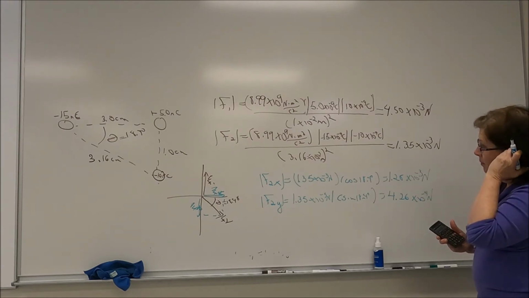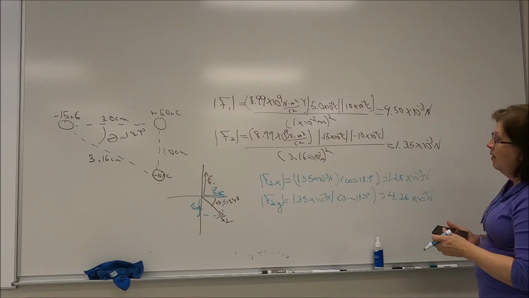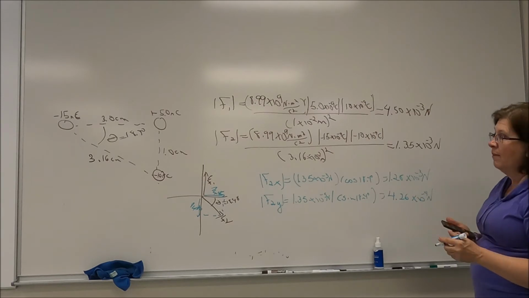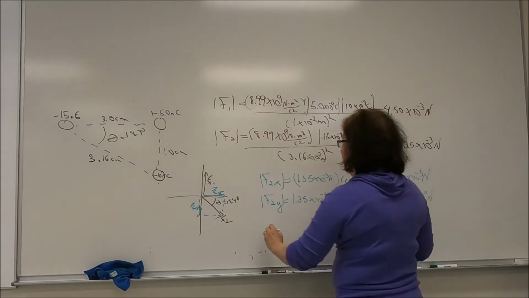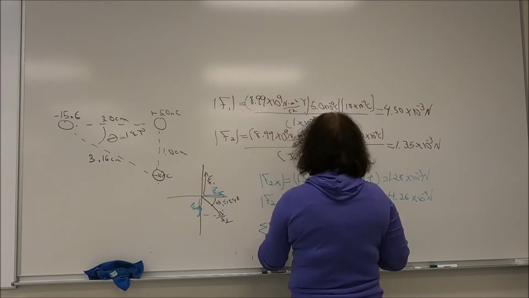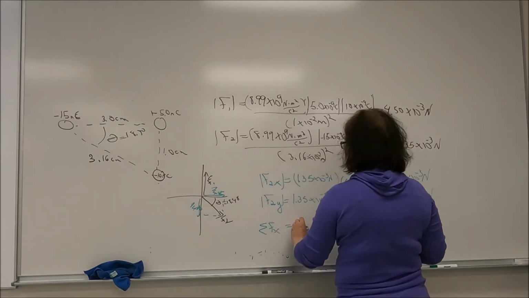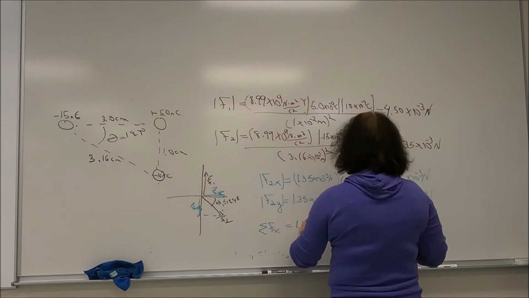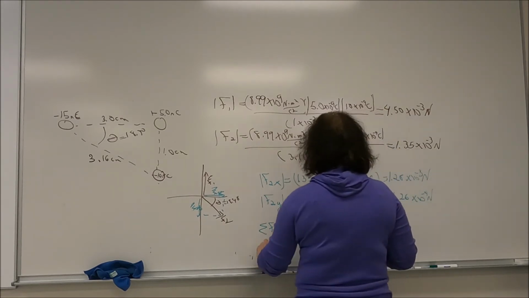Okay? So now we're going to sum the forces in the x direction and sum the forces in the y direction. So the sum of the forces in the x direction is just going to be 1.28 times 10 to the minus 3 newtons.